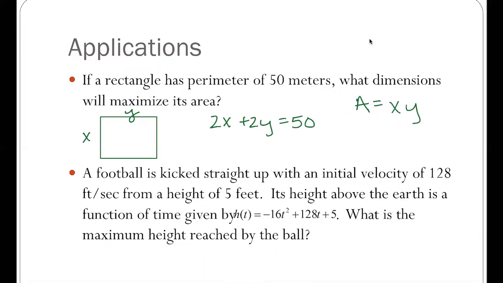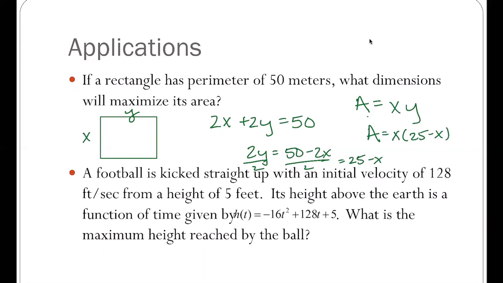So what we need to do is solve for y in our perimeter problem to get everything in terms of the same variable. If I divide by 2, I get 25 minus x for y. So I'm going to substitute that in. I would have x times 25 minus x.